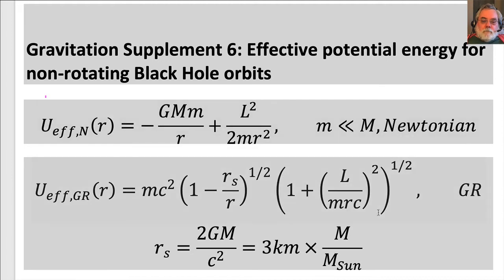This third term, square root of 1 plus L over mrc squared, is the angular momentum contribution. So the Newtonian expression is the sum of two terms. The general relativity expression is the product of three terms, although the first term does not involve r or L.